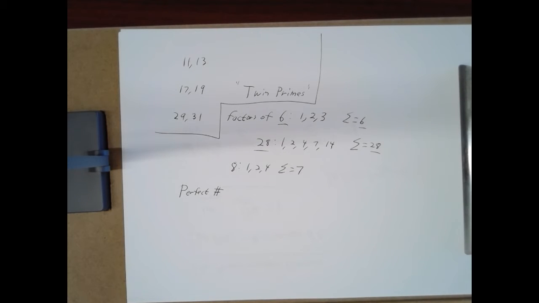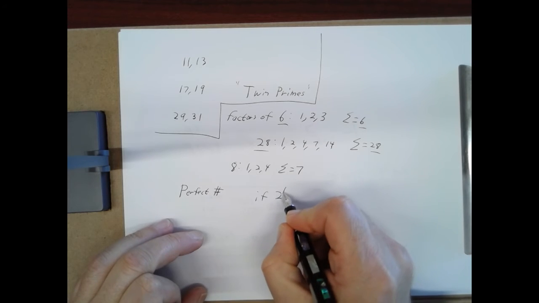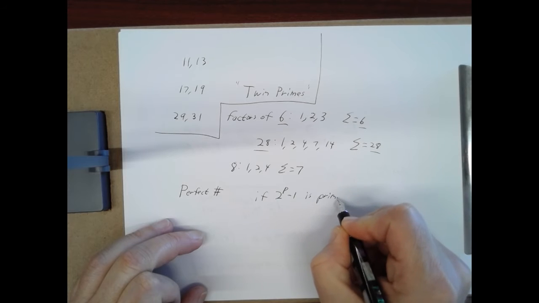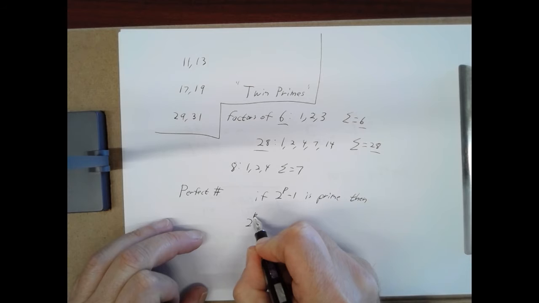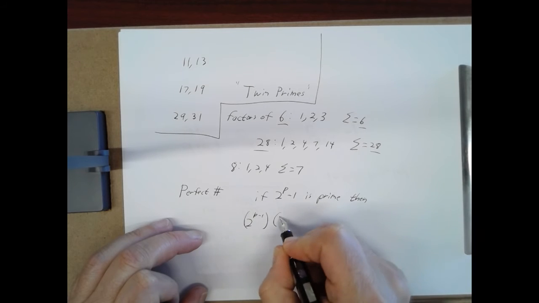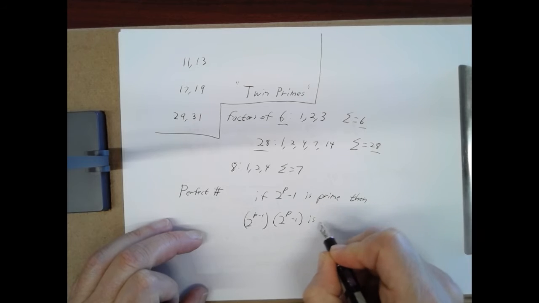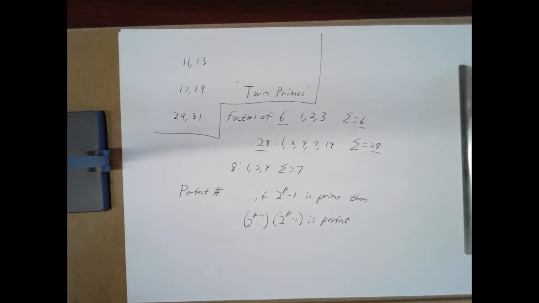For one thing, they're related to Mersenne primes. So here's a formula. If 2 to the p minus 1 is a Mersenne prime, then 2 to the quantity p minus 1 times that Mersenne prime is a perfect number.